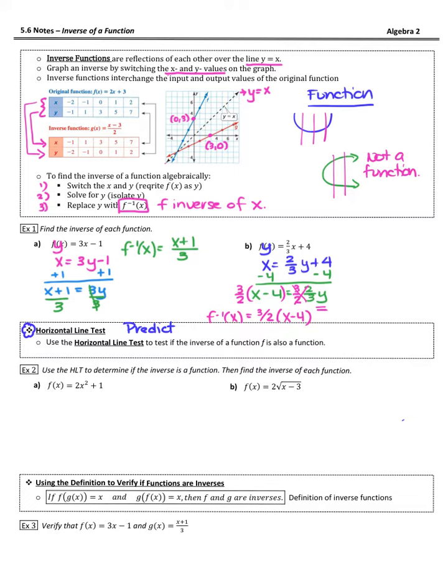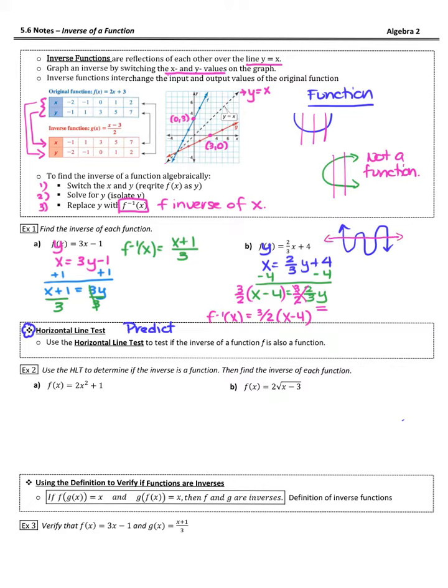So if I were to have, say, this graph right here, and let's say I found the inverse of that. Well, I don't want the inverse, which might be really hard to find, but I want to know whether that inverse will be a function. Will it also pass a vertical line test? Well, what I would do is the horizontal line test.